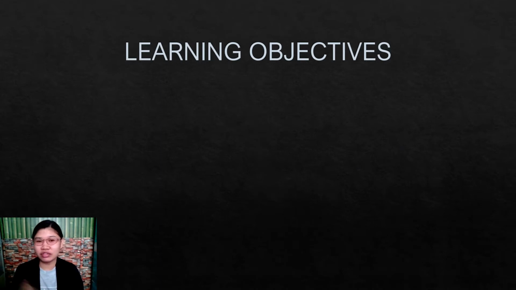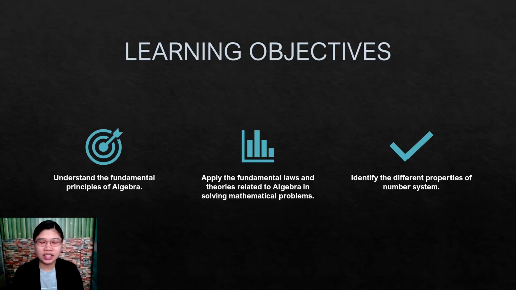So, again, we have to set our objectives. Our learning objectives for today are to understand the fundamental principles of algebra, of course, upon finishing or watching this video, and then apply the fundamental laws and theories related to algebra in solving mathematical problems.